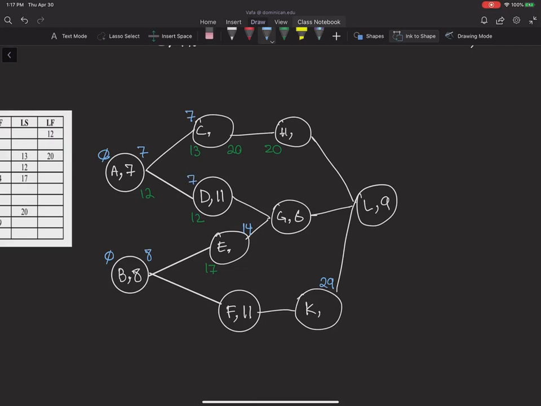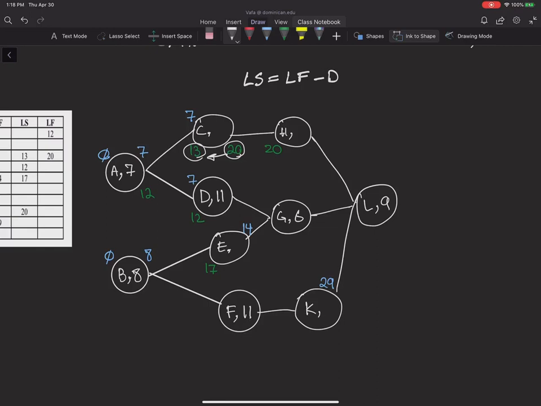Then I can look at these two numbers, the late start and late finish for activity C. I see that they are 13 and 20. And I know that in going backward, late start is equal to late finish minus the duration.